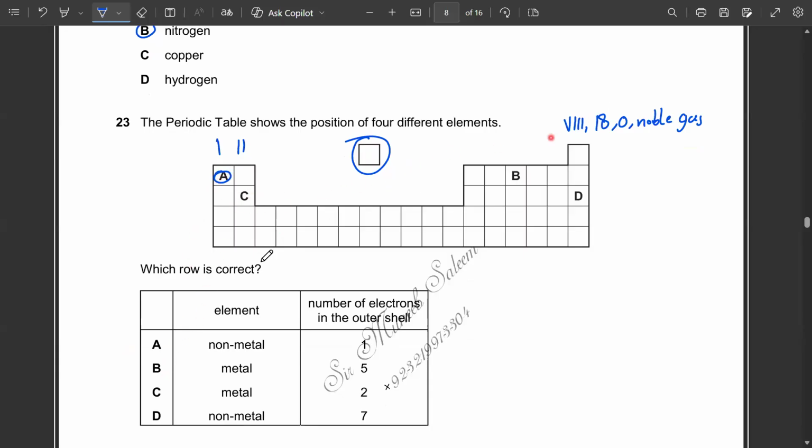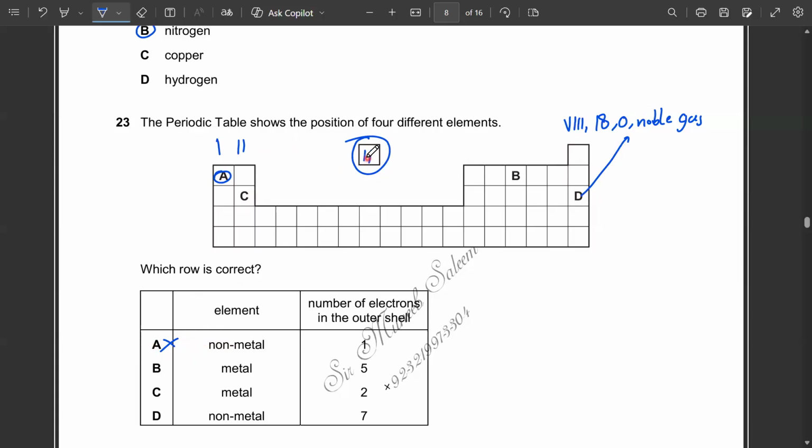Okay, so what are we looking at? A is basically a metal. C is also a metal. D is a noble gas or group 8 element. So what we have, they are saying A is a non-metal. That's wrong because the non-metal was this one.